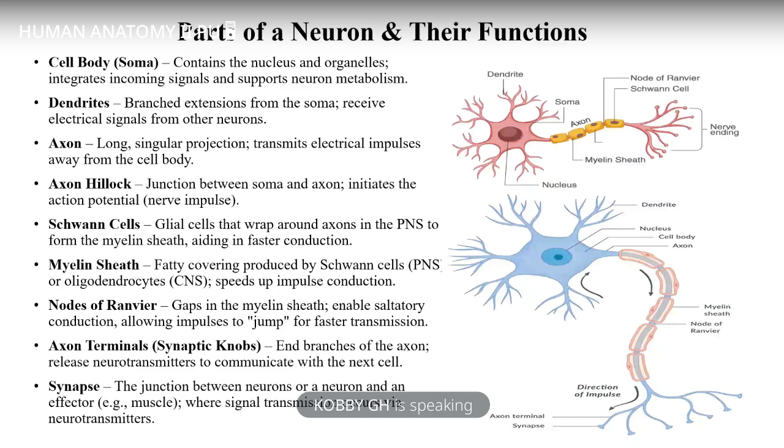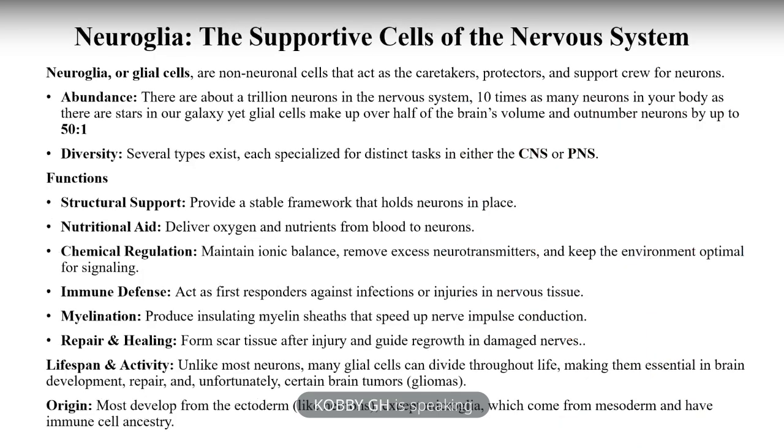Now, we also discuss what we call neuroglia in the nervous system in anatomy and physiology. Another name for neuroglia is glia cells. Glia cells are non-neuronal cells that act as caretakers.